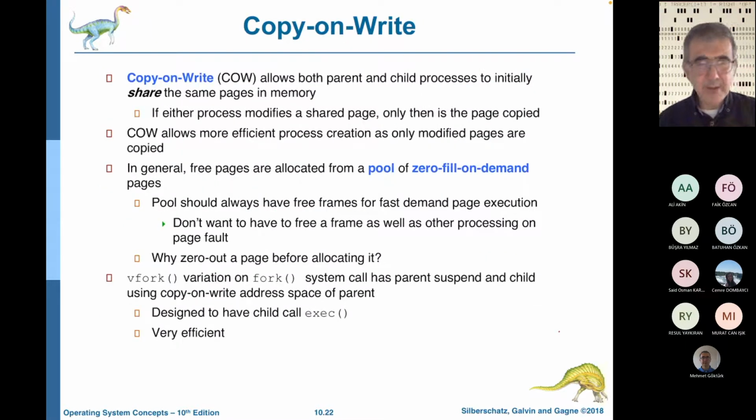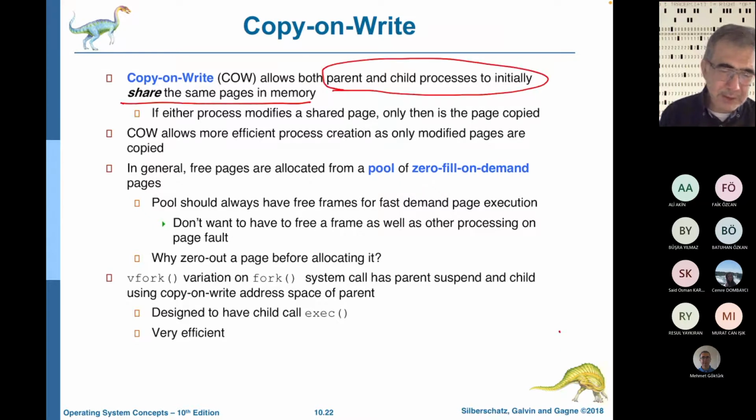We have gone over copy on write. That will be related to page sharing. When you create a child process, parent and child process initially share the same pages in memory because they have the same code base.